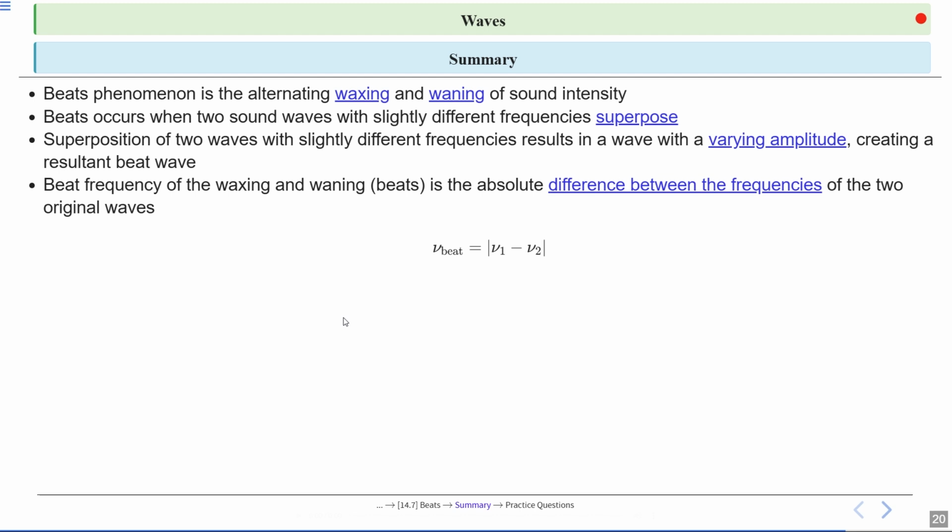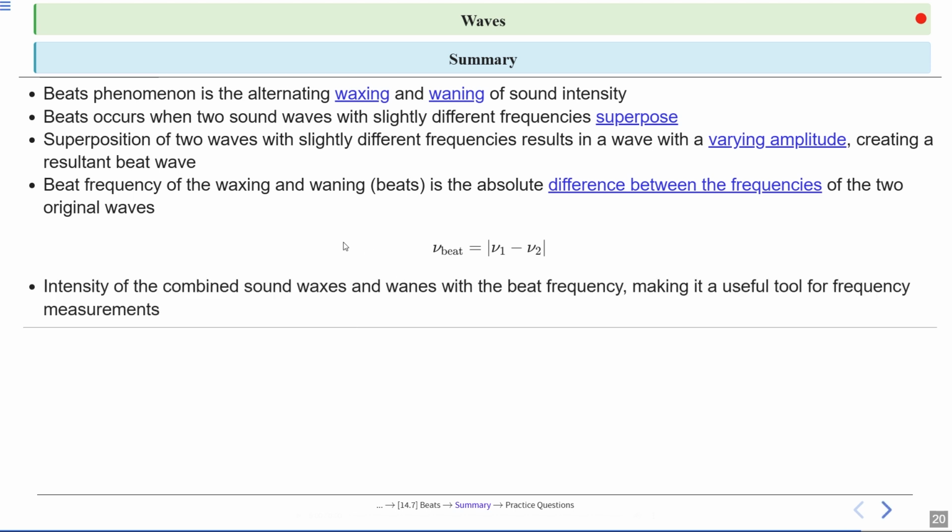The beat frequency of the waxing and waning is the absolute difference between the frequencies of the two original waves, so nu beat equal to mod of nu1 minus nu2. The intensity of the combined sound waxes and wanes with the beat frequency, making it a useful tool for frequency measurements.